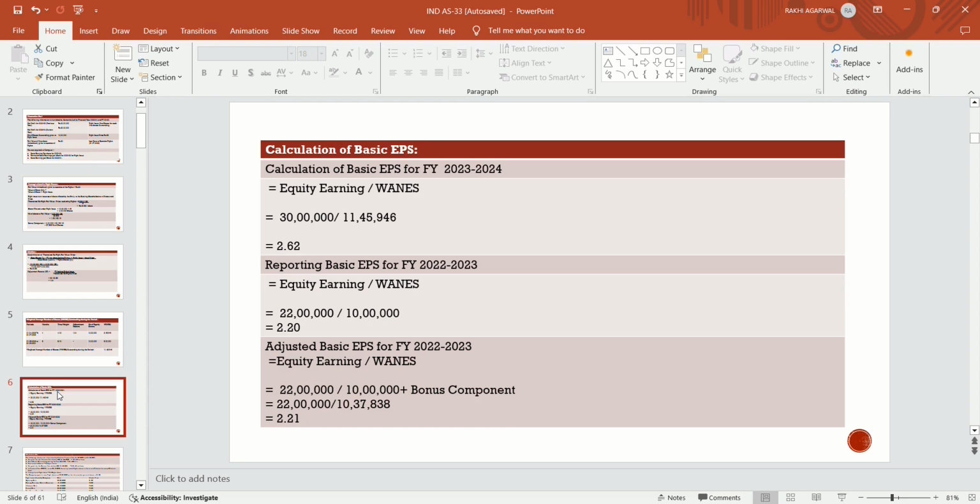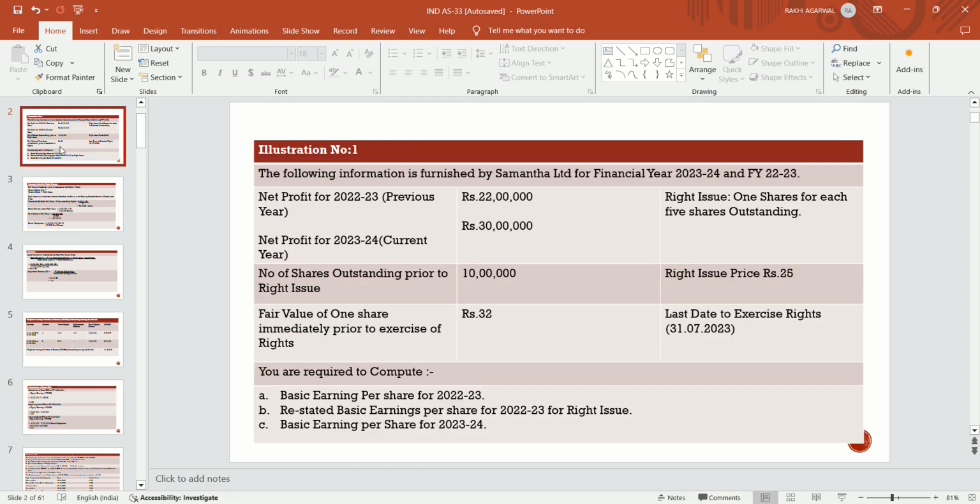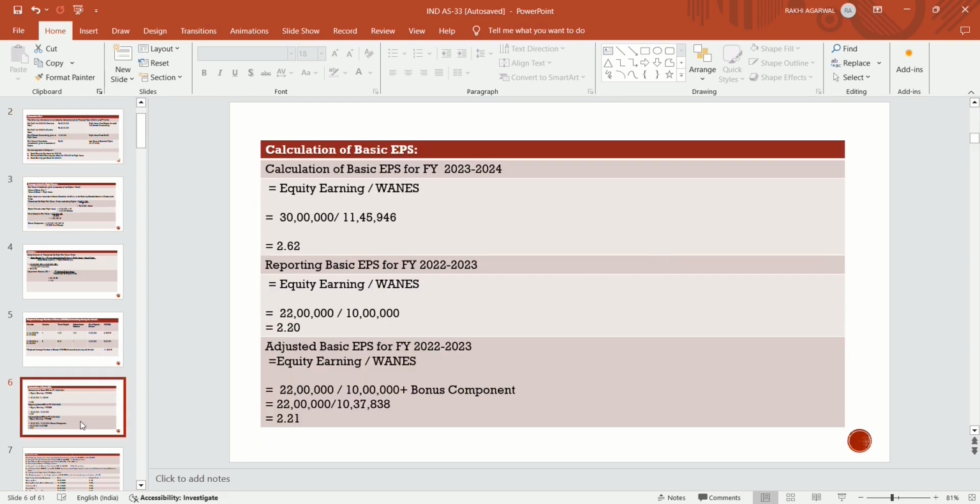Firstly, we will calculate the reported basic EPS for the financial year 22-23, whatever they had reported in the financial statements in the previous year 22-23. That is net profit of 22 lakhs divided by 10 lakhs. So 2.20 is the basic EPS reported in the financials of 22-23.